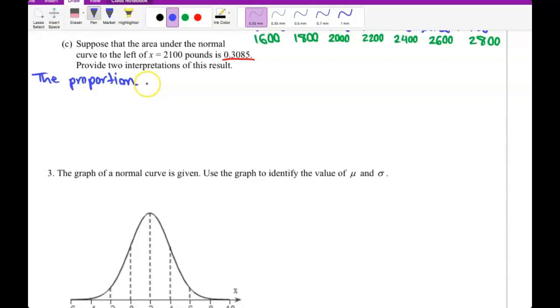So the proportion, or part of the group, whose weight is less than 2100 is 0.385.